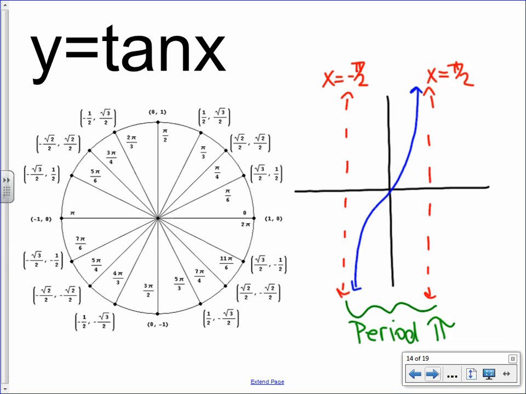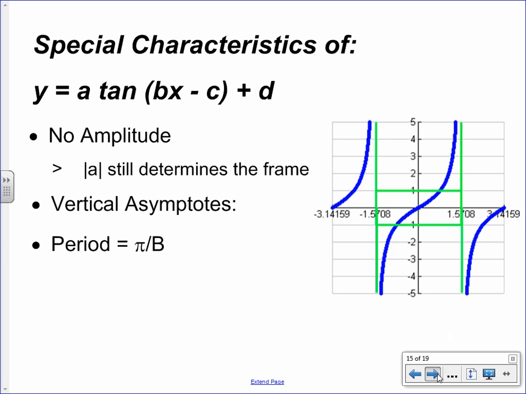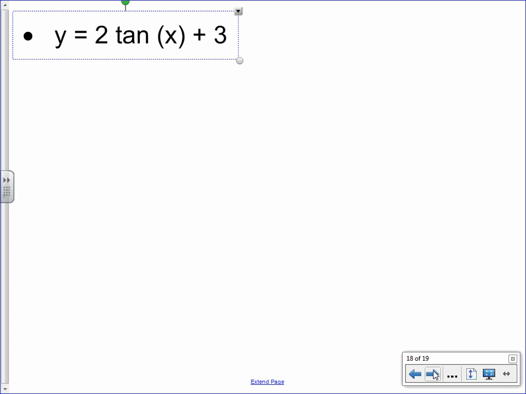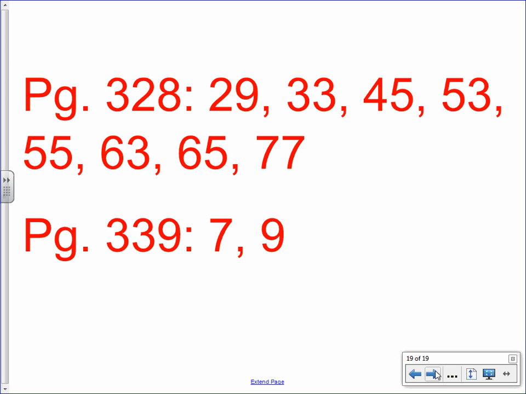What I would like you to do is complete these problems right here. These two are tangent problems. We will talk about how to graph those tomorrow. So I want you to only worry about the top portion.